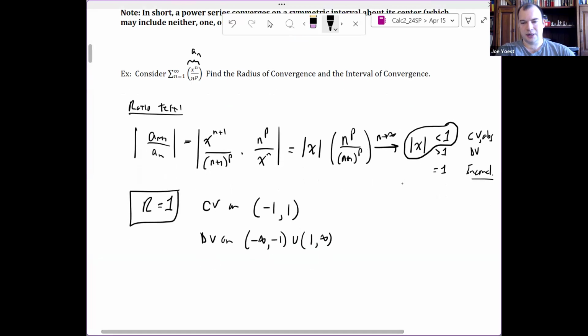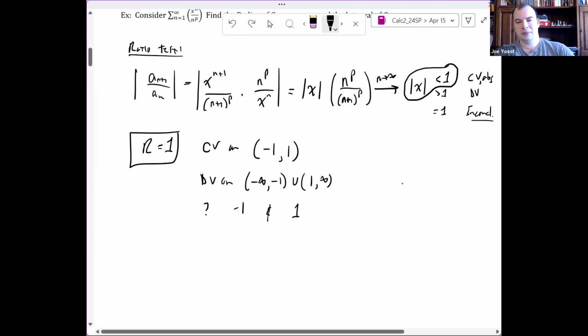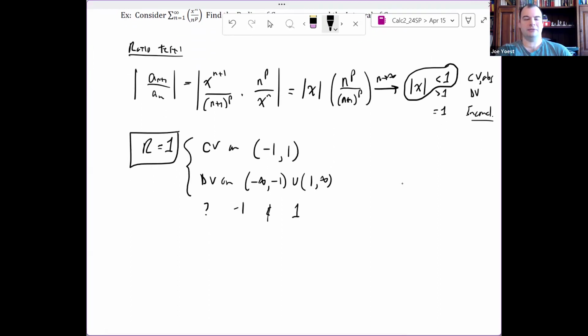And I'm not sure about minus 1 and plus 1. So I don't know whether this should have two square brackets or one square bracket or what. So I'm going to check those individually. But this is what I found out so far. I've knocked out most of the real line, with just two special cases to check.